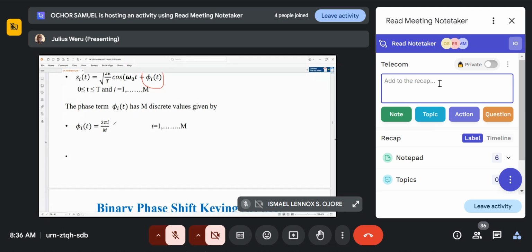So in the case where it's binary, of course, what you're going to have is i equal to 1 and 2.